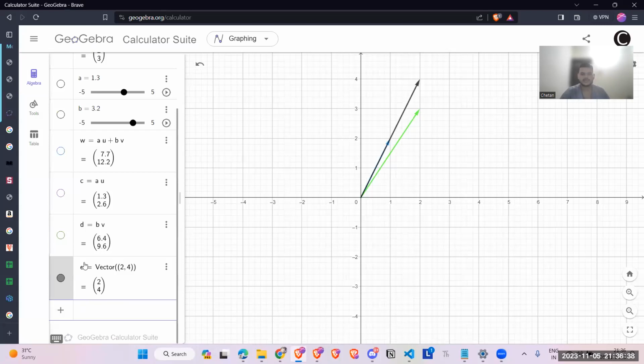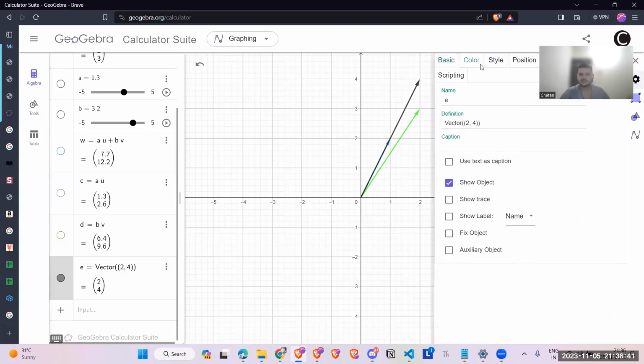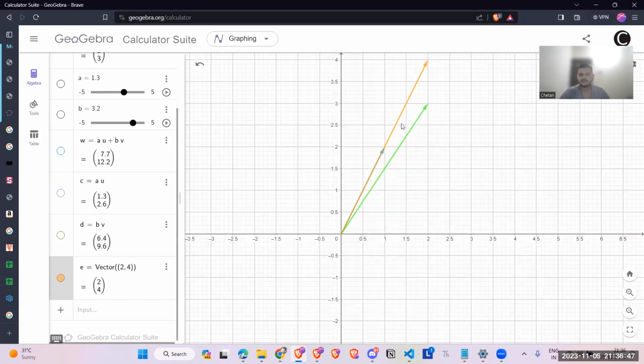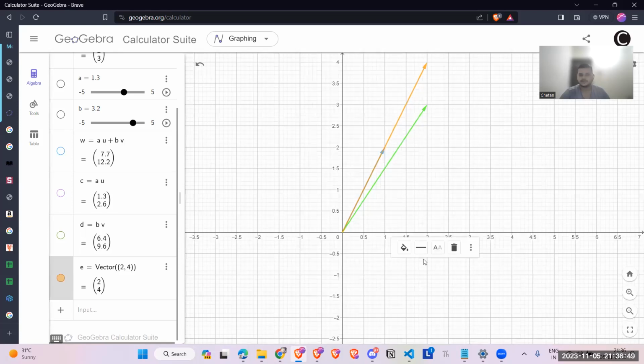Can you see this vector E? Let me just change the color for it. Let's see what happens. You can see this vector E, right? Let me just show the label for it as well.